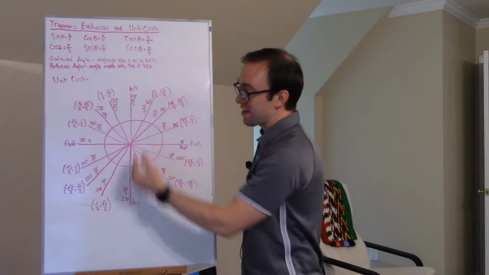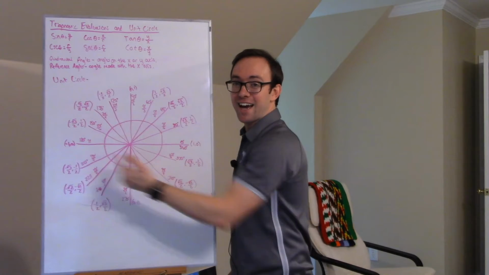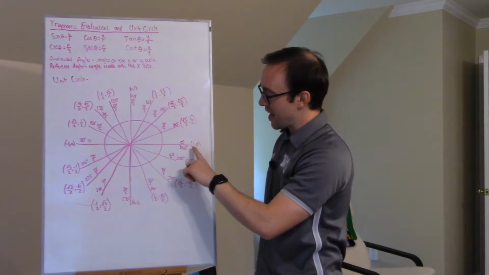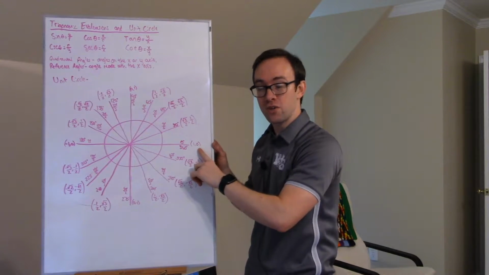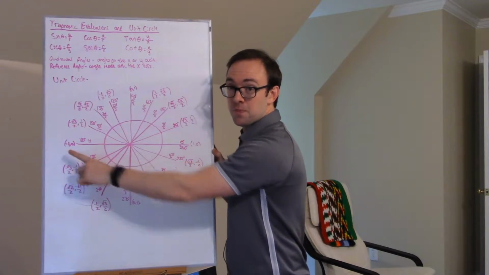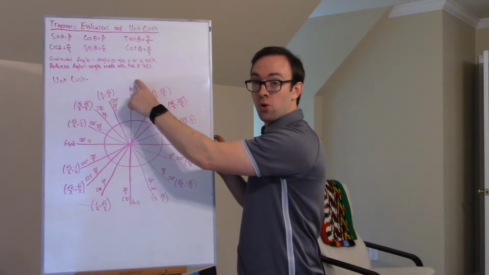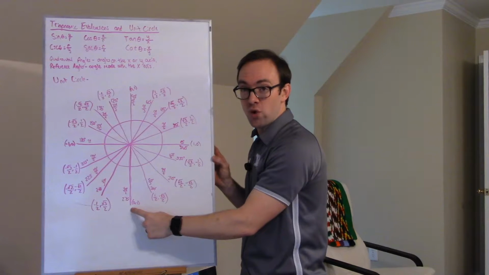When you're drawing this out, the x-axis comes over to 1, 0 and negative 1, 0, and the y-axis goes up to 0, 1 and 0, negative 1.